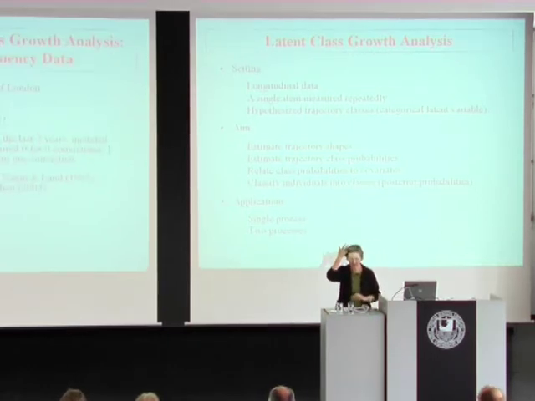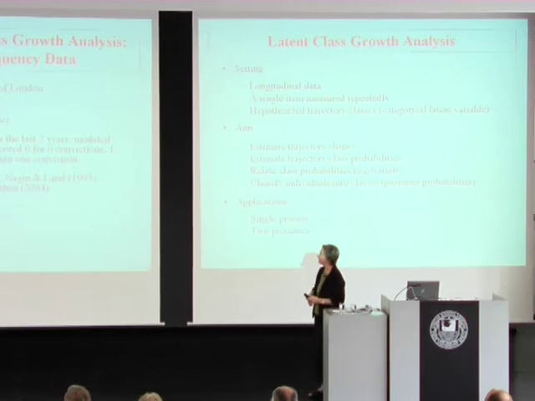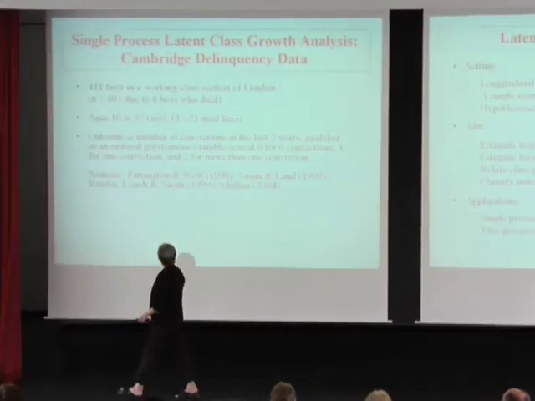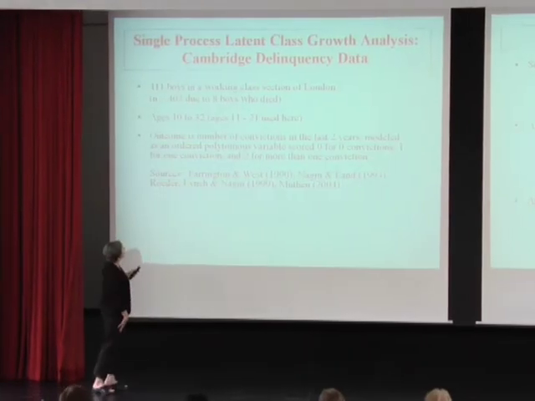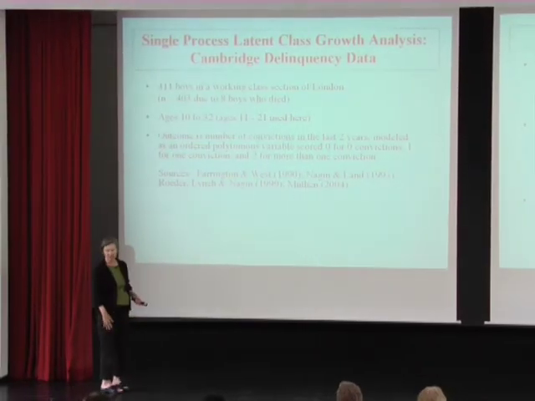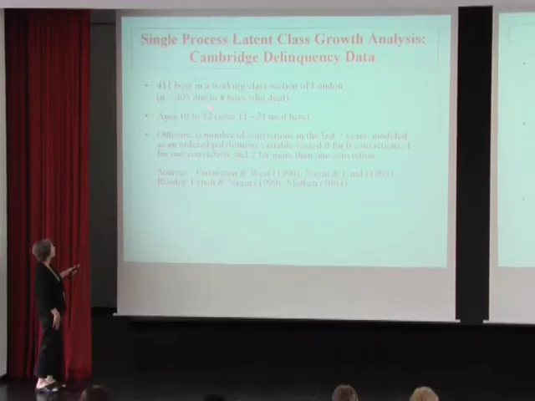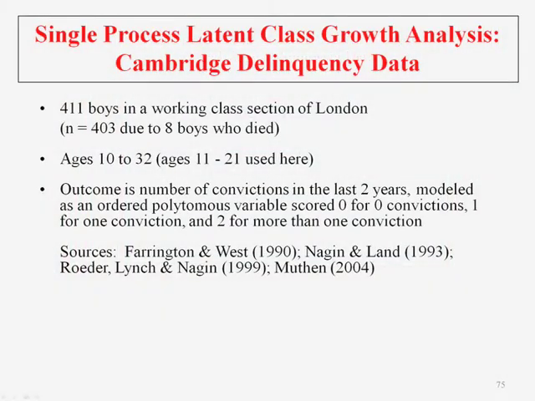Now, the example that we're going to look at is 411 boys. As I mentioned, we can have single or multiple growth processes, and here we're going to look at one growth process. It's taken from the Cambridge delinquency data. 411 boys is the sample, although I guess N is actually 403.